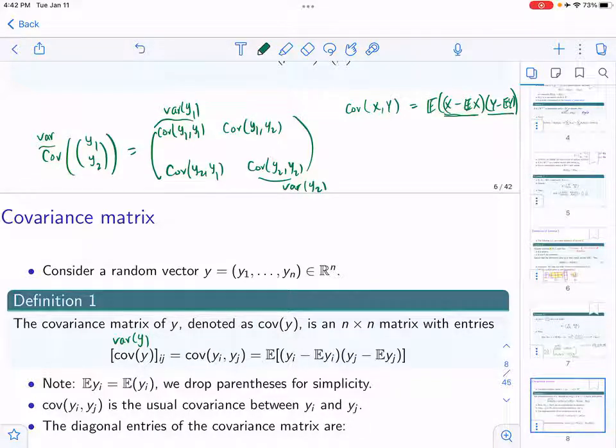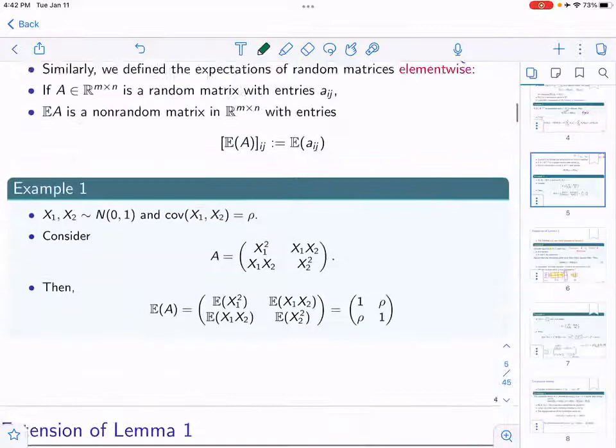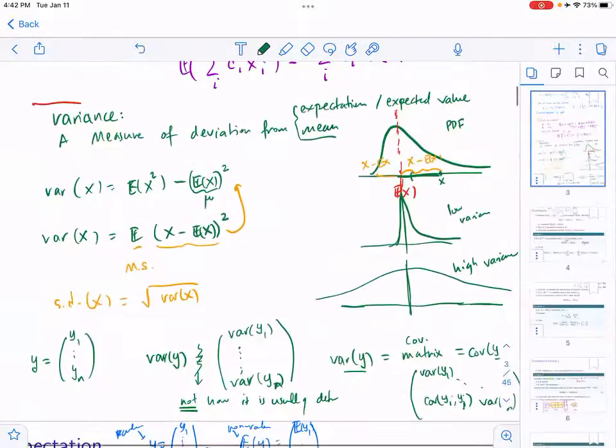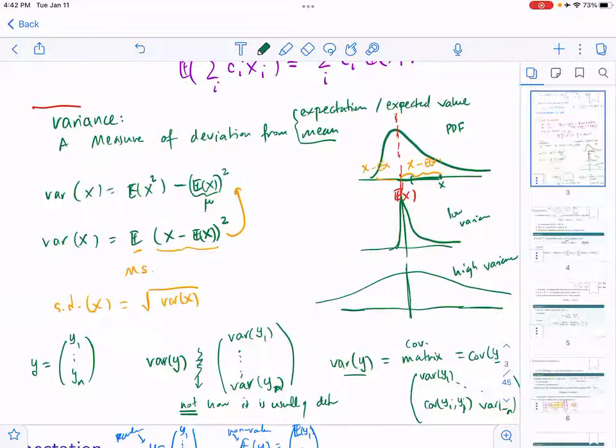How do we calculate the variance? Maybe you want to tell me. You need to be able to calculate these expectations. If you want to calculate these expectations, you need to have the distribution of x.